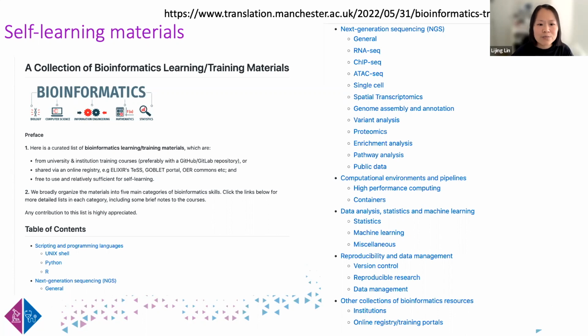This is an ongoing project, so we will update the materials. So your feedback and input are very valuable. If you spot anything you want to add to the repository, or if there's any other feedback, please get in touch. So these are the 2 channels I've introduced here, where you can get bioinformatics support from Translation Manchester.